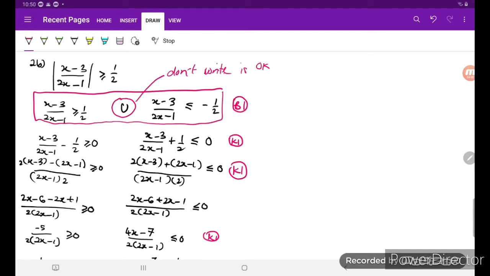Okay, for B1, you only have this part. Okay, you will get B1.